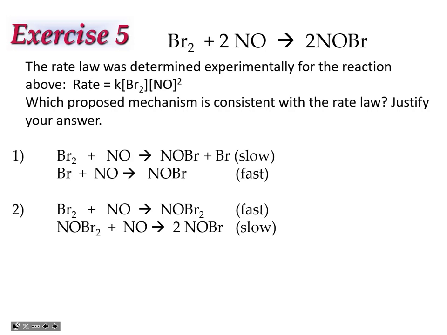Now we know experimentally the rate law came out to being here. Bromine's first order, nitrogen monoxide is second order. Now we look at our 2 possible mechanisms that are proposed here, and we have to decide which one actually works out. Go back to the mechanism requirements. Let's take a look at those.